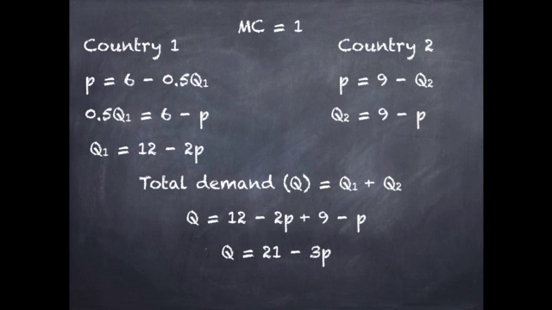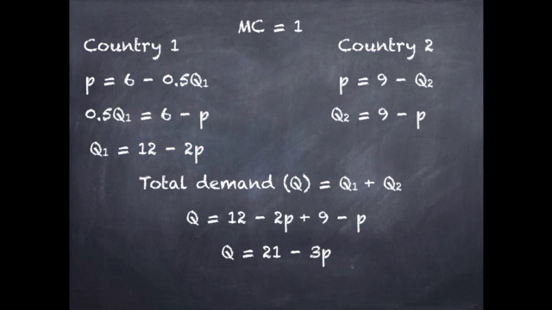So now we have our demand function, and that would probably be the most confusing part of this particular Q&A, realizing that you have to convert the inverse demand functions to demand functions in both countries, add them together, and then we're going to come up with an inverse demand function for the summation of the two countries.